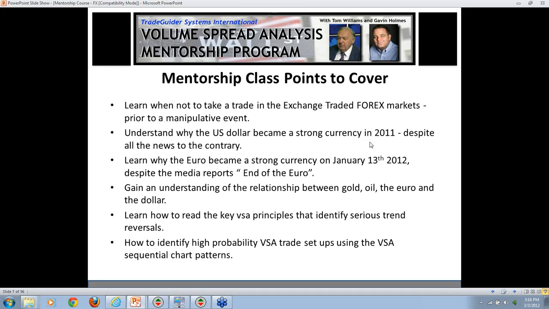So we're going to look at how to take a trade in the exchange-traded forex market, which is of course the currency futures market, which is my preferred market for many reasons, which I'm sure Stevens will explain. One of the main reasons I trade the currency futures is, A, the volume readings on the currency futures are very clear, and secondly, I'm protected through the CFTC and NFA because I trade with a registered broker, and my brokers over at Infinity are all registered with the authorities.